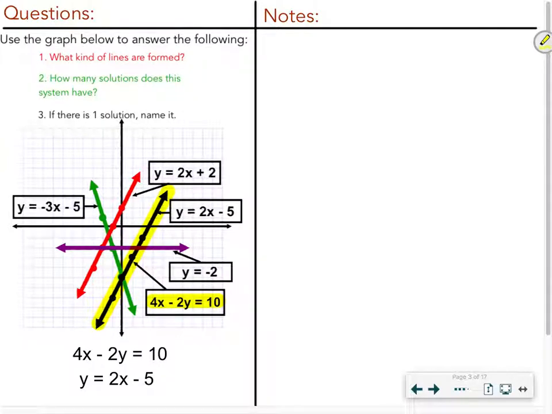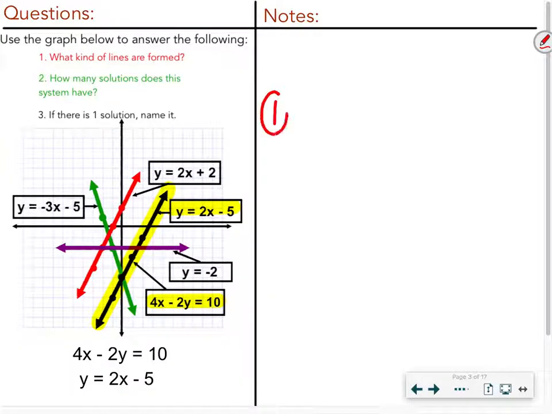My second equation, y equals 2x minus 5, is also pointing to the blue line. This time they are both pointing to the same line. The reason that is possible is that they are the same equation, just written in two different forms. One is written in slope-intercept form and one is written in standard form, but they are the same.